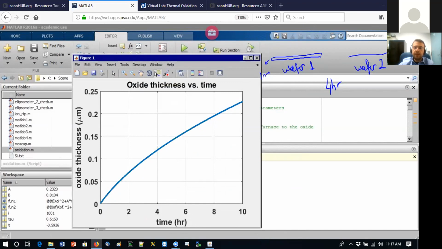I'm going to choose that, and I will come down to the plot and click on the plot at some point, and then it will bring me the data points. I will go with the arrows on my keyboard to find 4 hours, because that's where I would like to go.